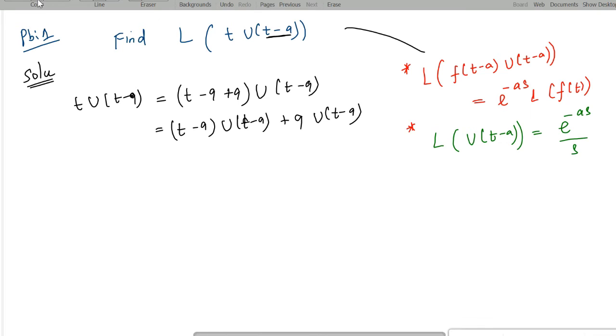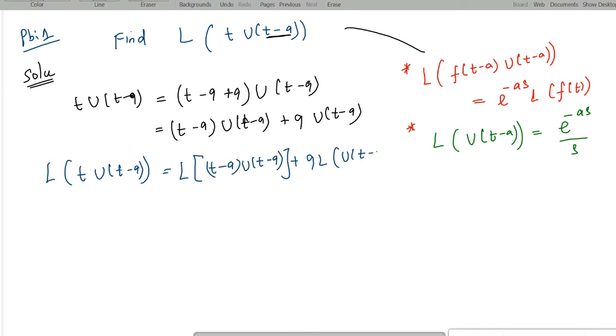Now L of t u of t minus 9 equals, by using the linear property, L of t minus 9 u of t minus 9 plus 9 into L of u of t minus 9.